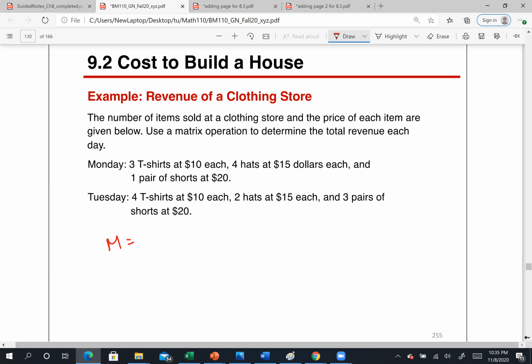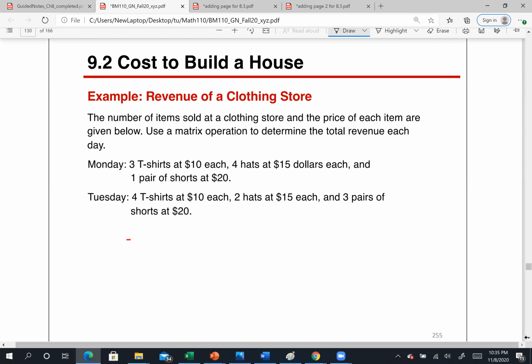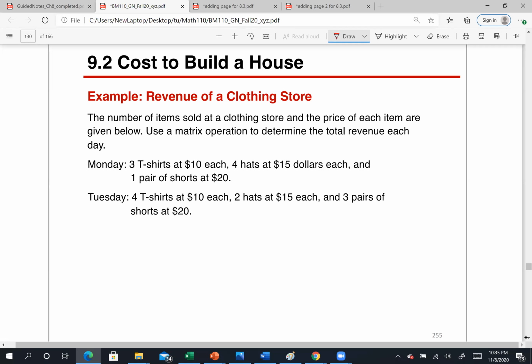and 4 hats at $15 each, and 1 pair of shorts.